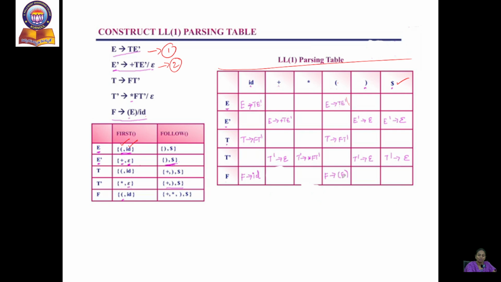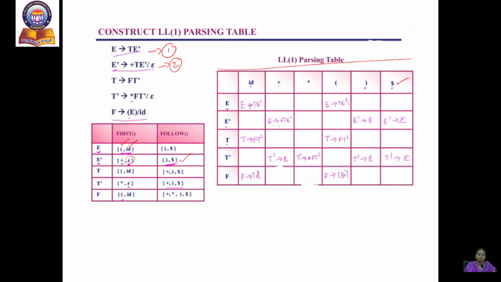So E dash derives plus TE dash is first written in the plus column. The box at E dash and plus is the intersection, and in this place E dash derives plus TE dash is written. There is no epsilon column here, so we should not consider epsilon in the first function. Instead of this epsilon, we are going to consider the follow function.